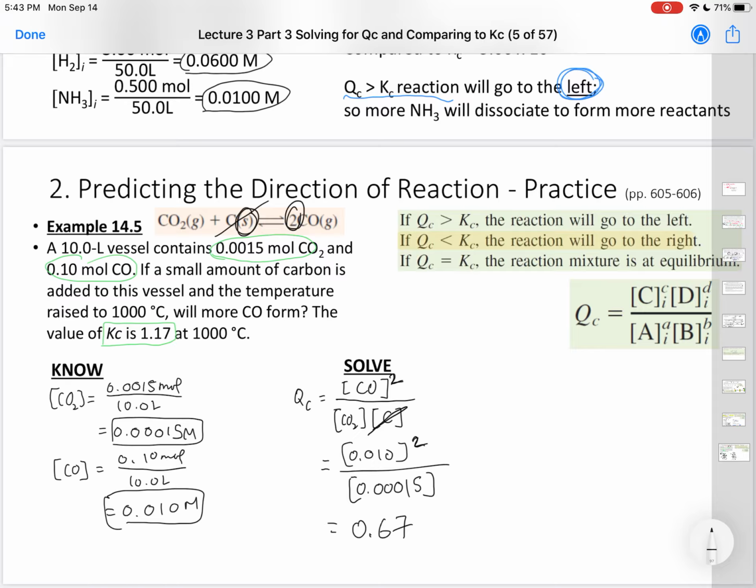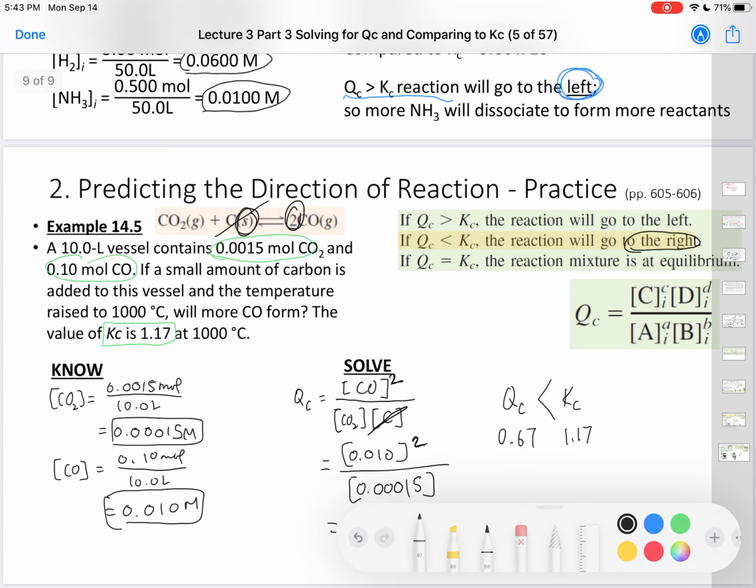Don't forget the square there. So let's compare Qc to Kc. Qc is 0.67. Kc is 1.17. So Kc in this case is greater than Qc. So it is the second situation. It's going to shift to the right.